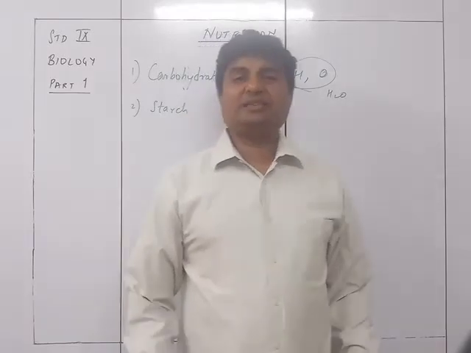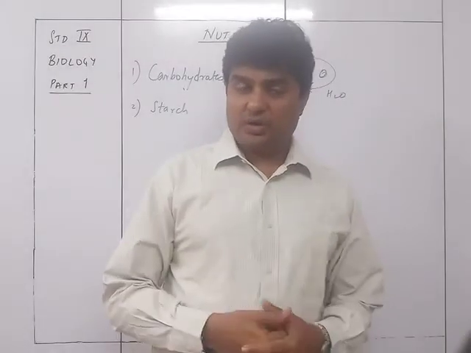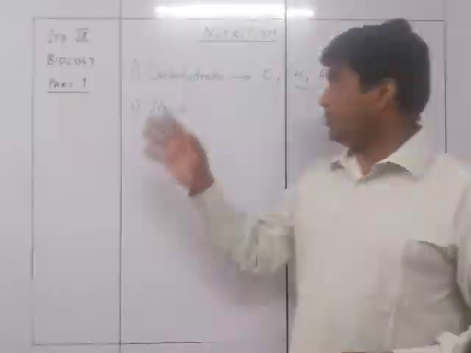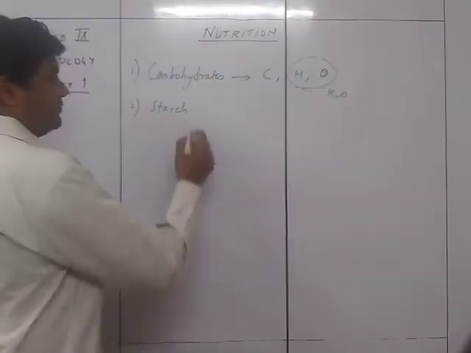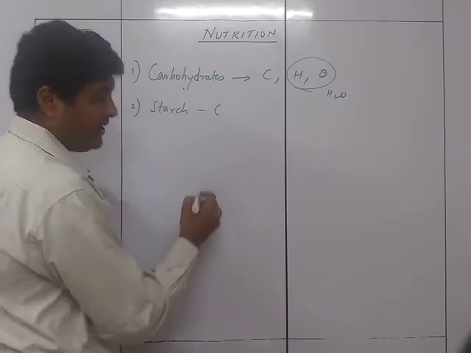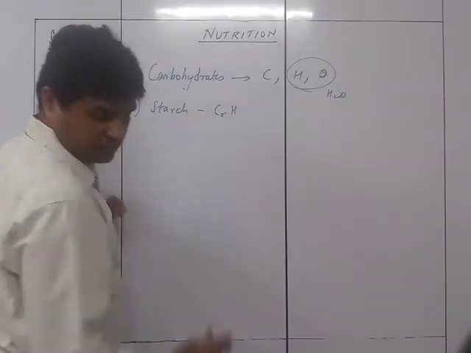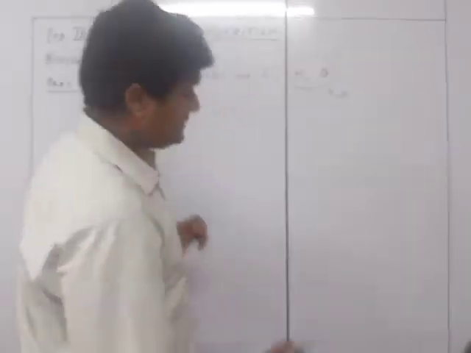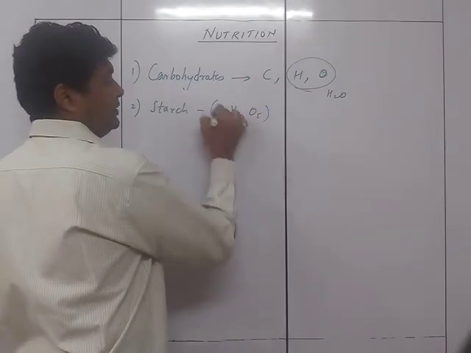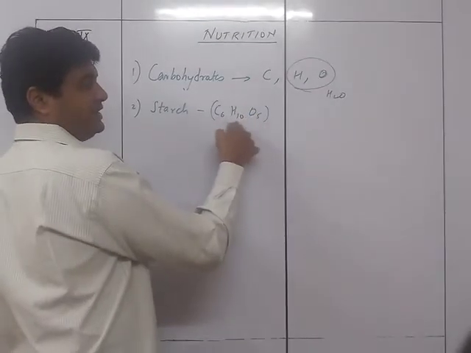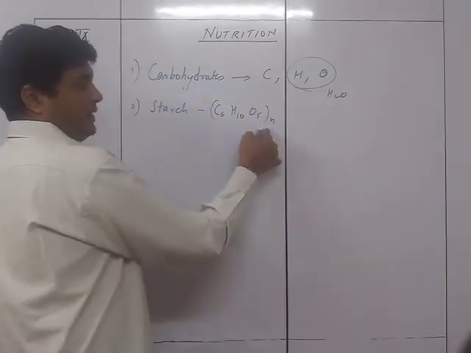So starch is of course a kind of sugar also because it's a kind of carbohydrate, but it has the general formula C6H10O5. Here you can see that it is still in the ratio 2:1. And n, why is it n?